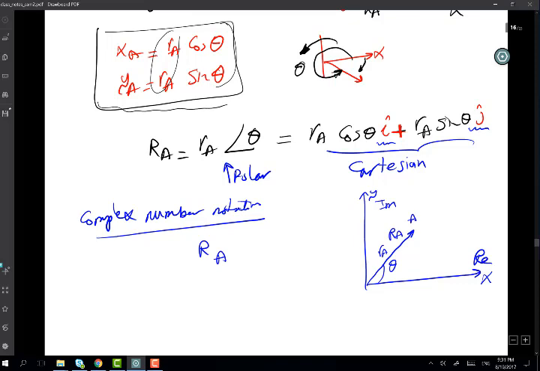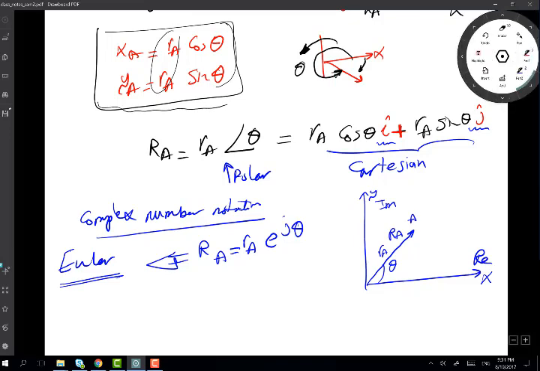We can say RA as a vector is equal to the length RA, and then we say e to the j theta. This specific representation is called Euler representation of the complex number.